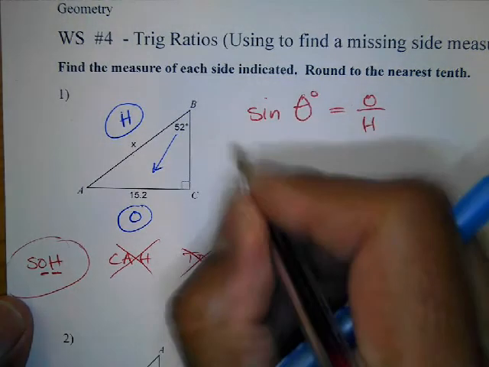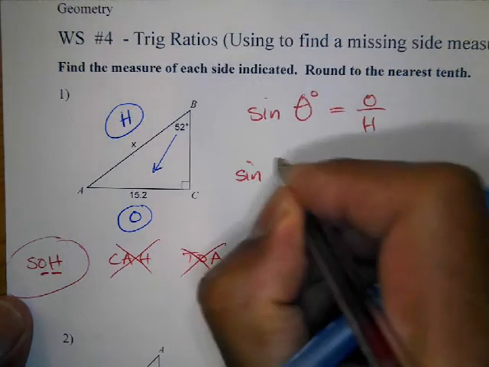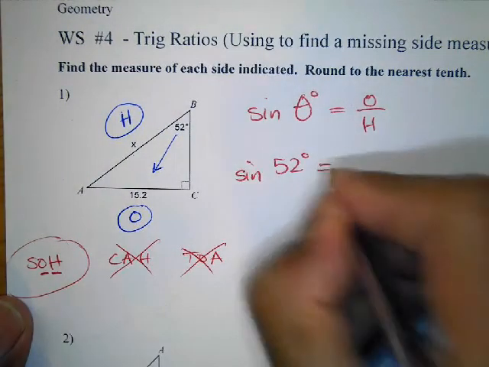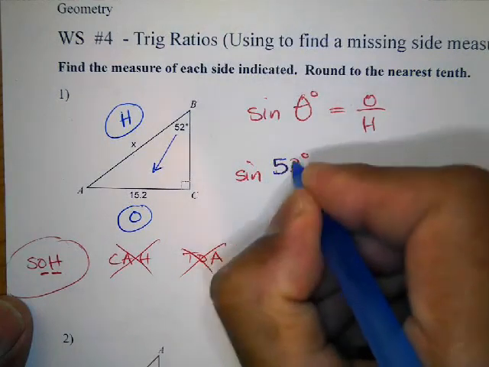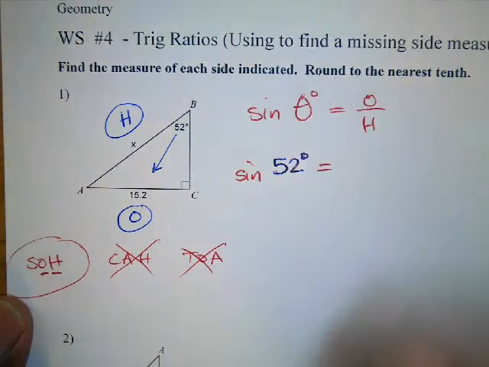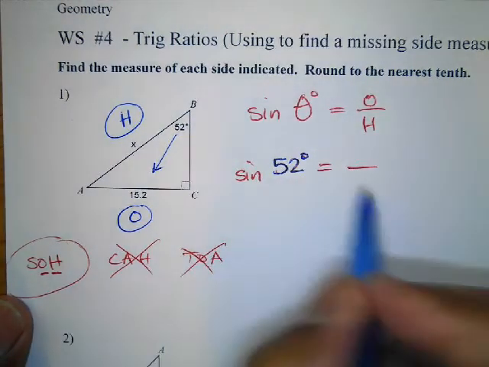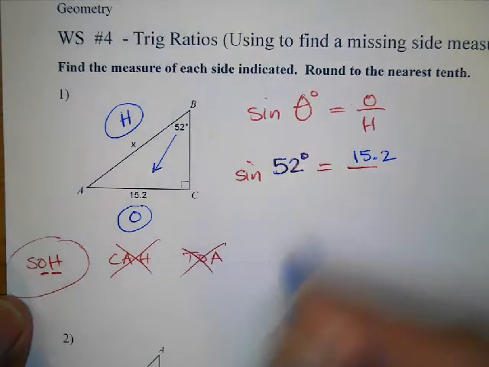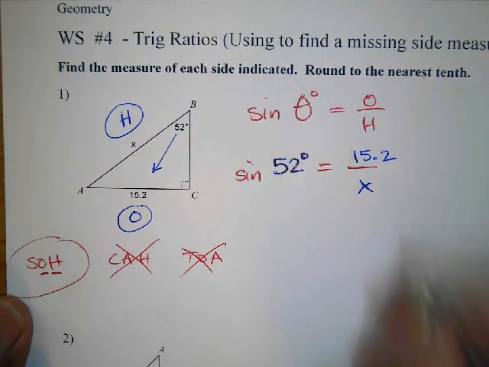So that's going to be sine of 52 degrees. That's the angle. Is equal to O. 15.2 over X.